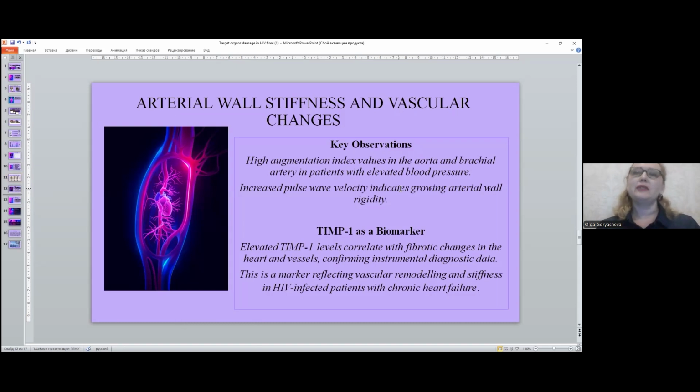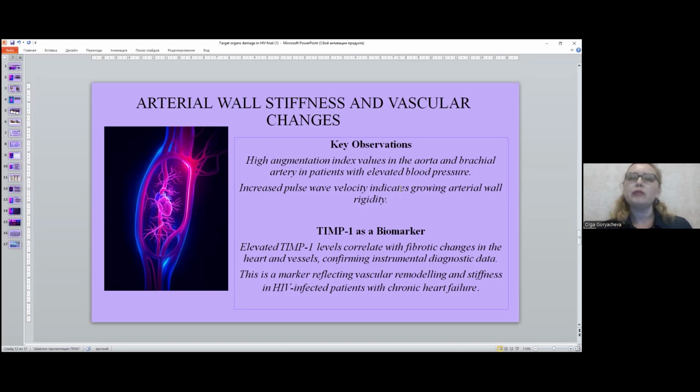Arterial wall stiffness and vascular changes. Key observation. With the help of tensiomed equipment from Hungary, I got the possibility to measure augmentation indexes of the aorta and brachial arteries. High augmentation index value in the aorta and brachial artery in patients with elevated blood pressure was revealed.